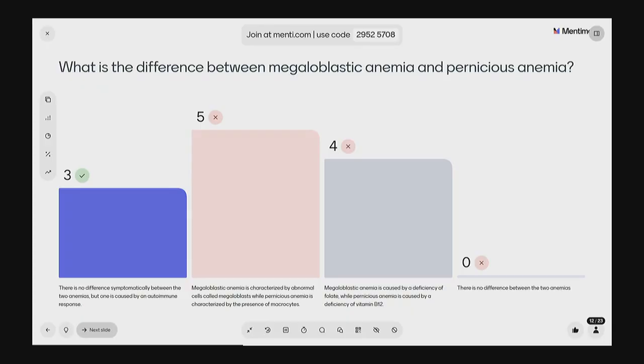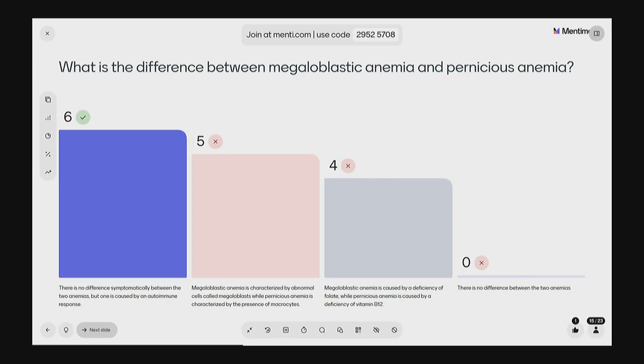If you recall, there's no difference when it comes to the symptoms between the two anemias, but one is caused by an autoimmune response. Megaloblastic anemia is characterized by abnormal cells called megaloblasts, while pernicious anemia is characterized by the presence of macrocytes.